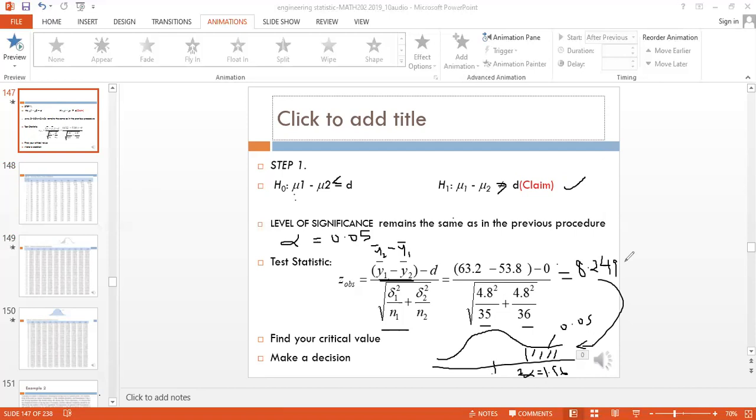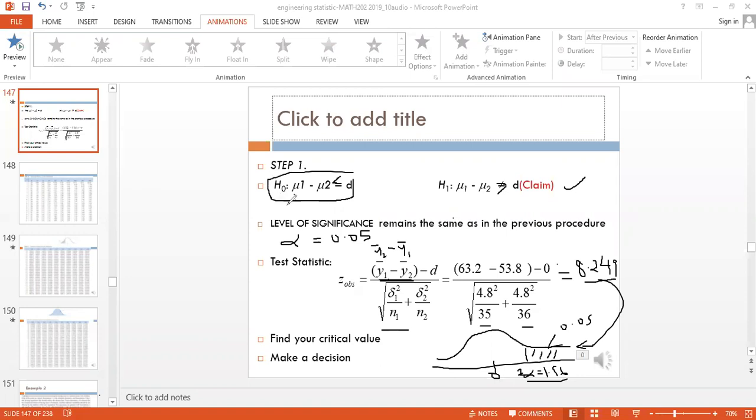So we'll realize that our calculated Z-score value is on the extreme right of your critical value, which means it lies in the rejection region. So once this lies in the rejection region, we have evidence to reject the null claim. This is the null claim. We have evidence to reject this null claim.